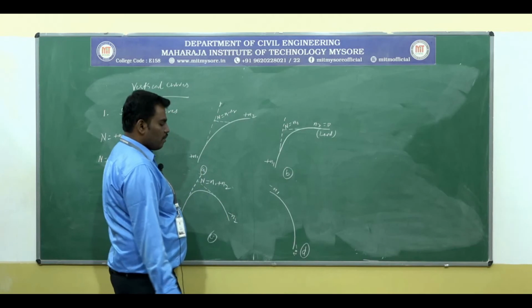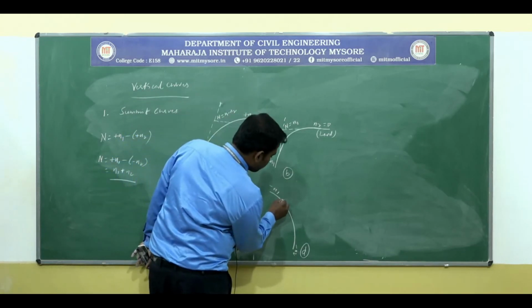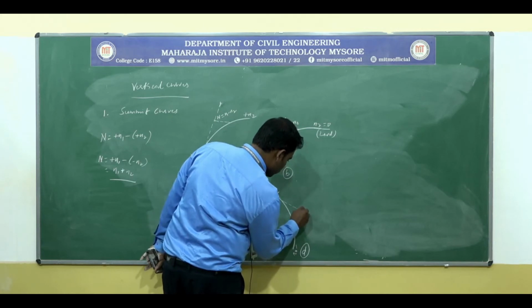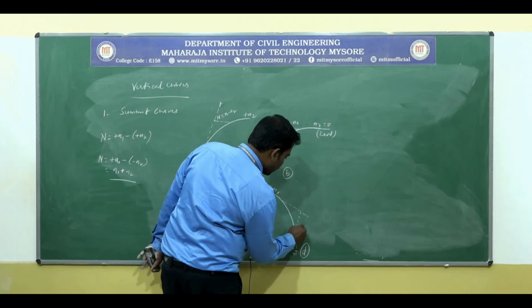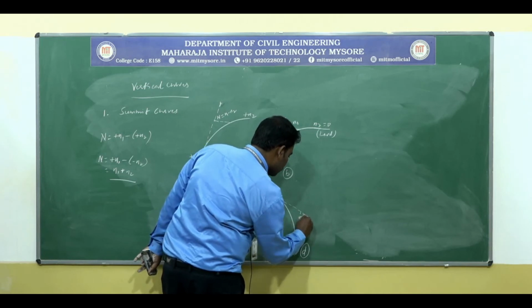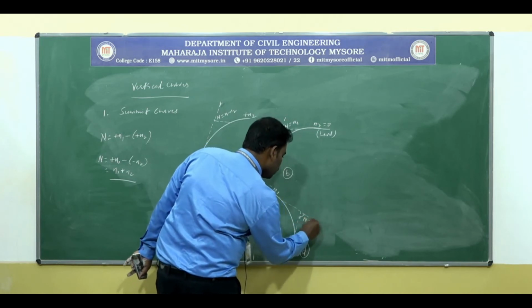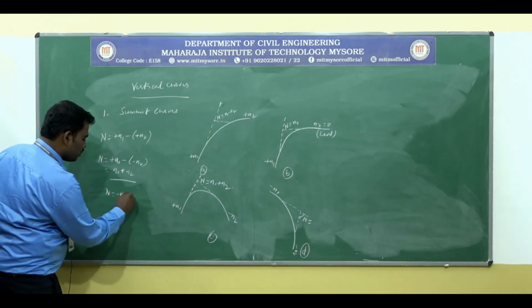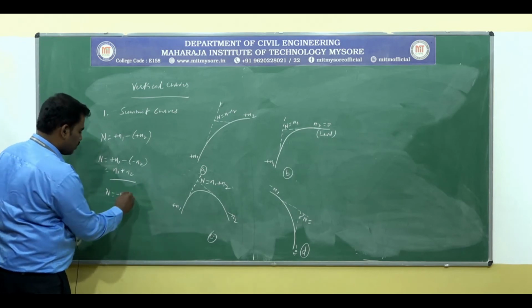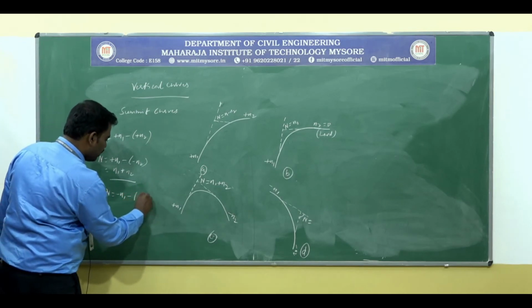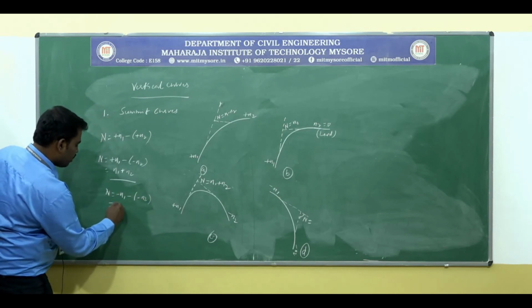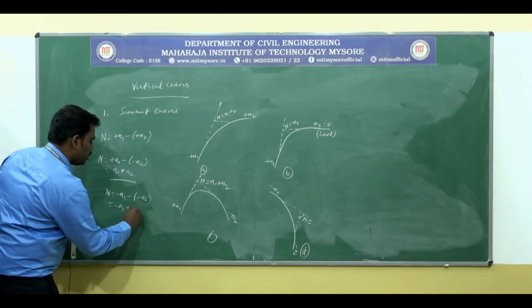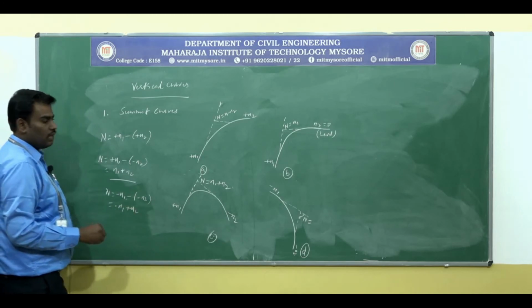Then the deviation angle n is equal to minus n1 minus of minus n2, because it is minus into minus, plus n2.